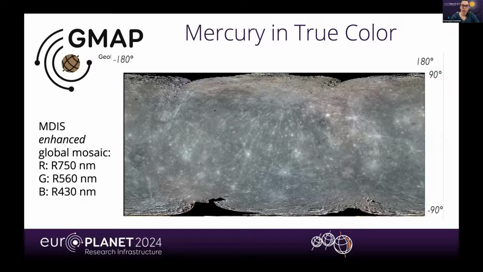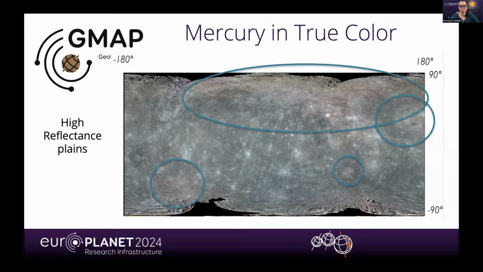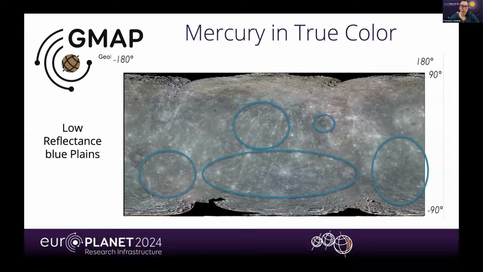So you see here, just looking at this RGB, that we have different colors of the Mercury surface. For example, in the northern areas and also in other regions, we have terrain that is redder than others. Other terrain is darker, so it has lower reflectance, and shows a bluer color.